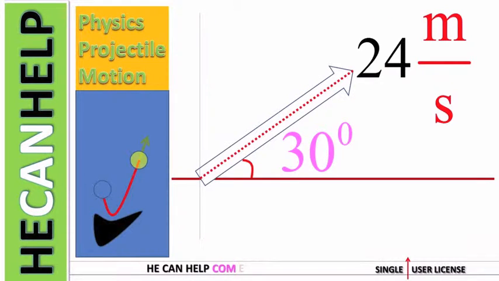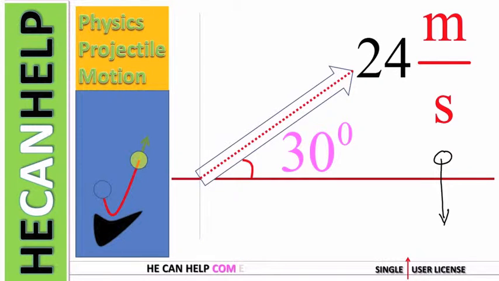You know that the Earth is going to pull on the object along the vertical. This causes the vertical velocity vector to change as a function of time. Because the Earth is pulling on the object along the vertical, only the vertical component of the velocity vector is going to be affected.